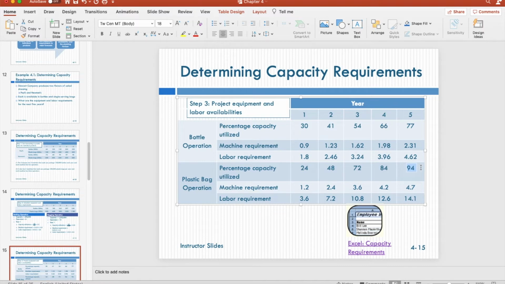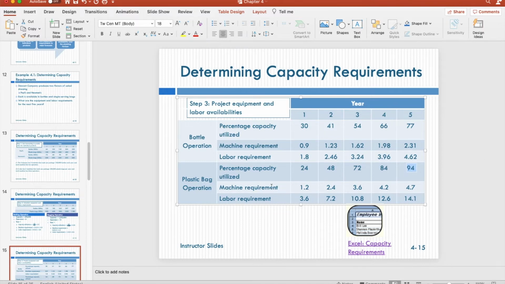That's why you may need to consider whether to recruit more laborers, or buy some new equipment, in order to fit this increasing trend.